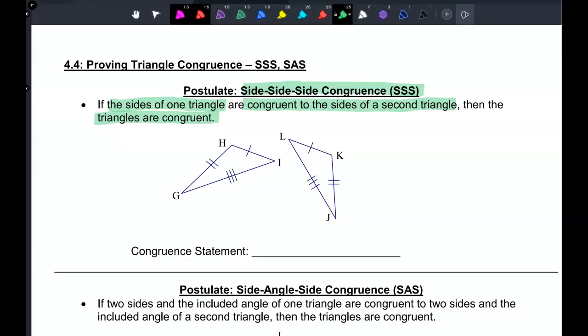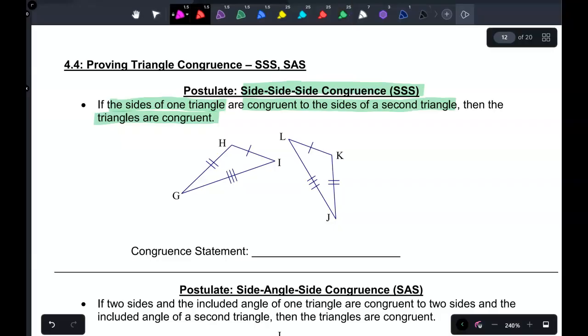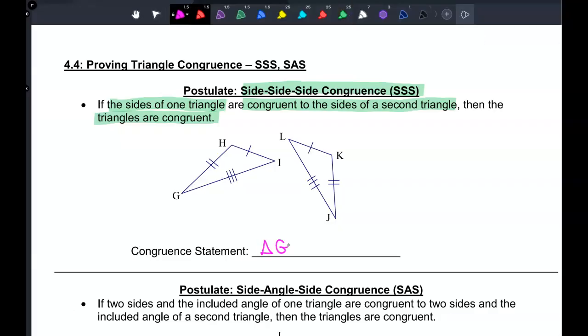Now we have to do a congruent statement. We have to be really careful about the order because I didn't give you any angles. Let's just start with the triangle on the left. We can name it any way. So let's do triangle GHI.